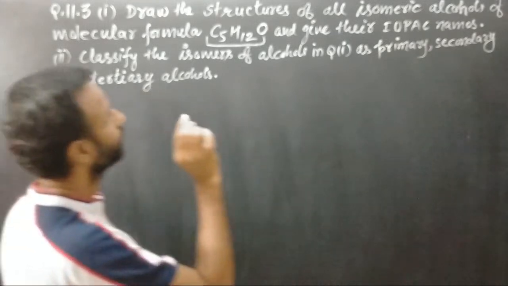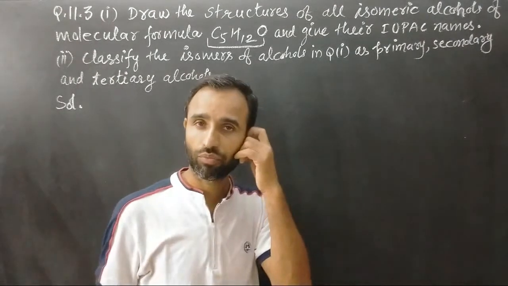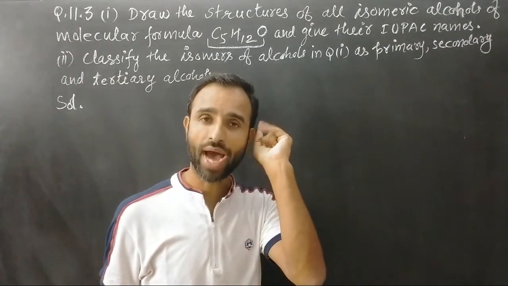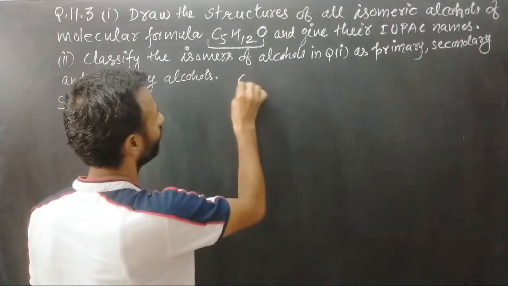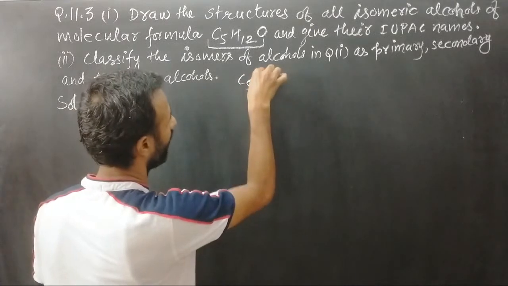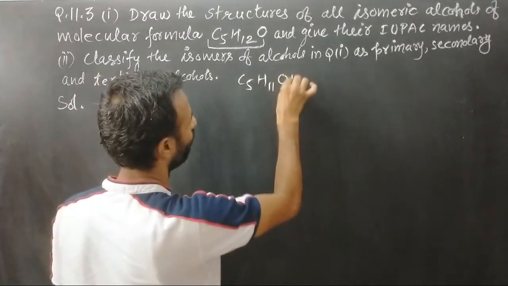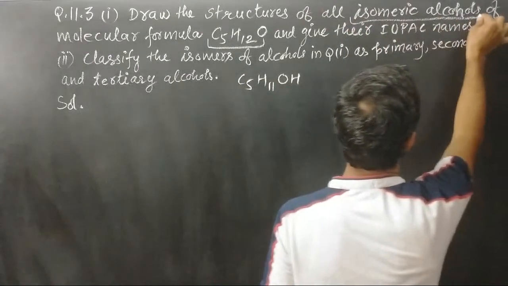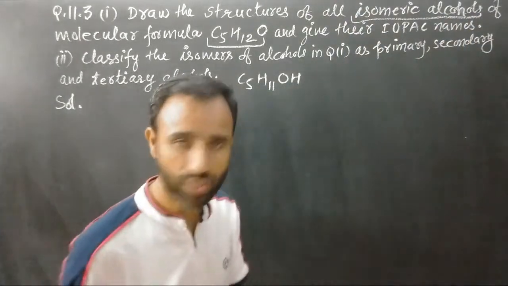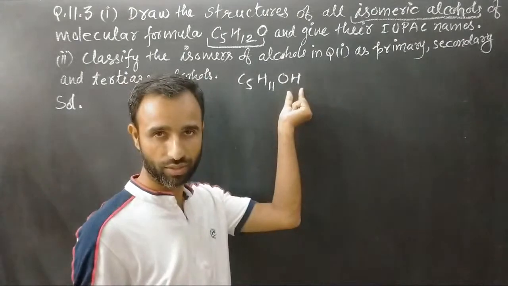So how many carbons are there? 5. As carbons are 5, we have C5H11OH, because we have to write isomeric alcohols. If they are alcohols, there should be one OH.